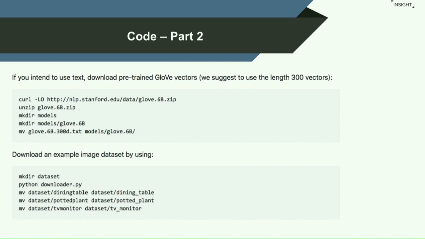Once that has downloaded and you've moved those in, we have an example image data set that was kindly passed on to us, where you can make this individual data set. I have a Python downloader script which basically sets this up and downloads it all. And then there are also a few more commands at the bottom that you can cut and paste off of the repo just to do some renaming of some of the different folders in that data set.